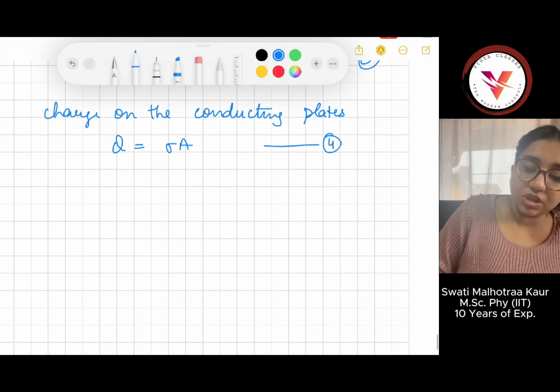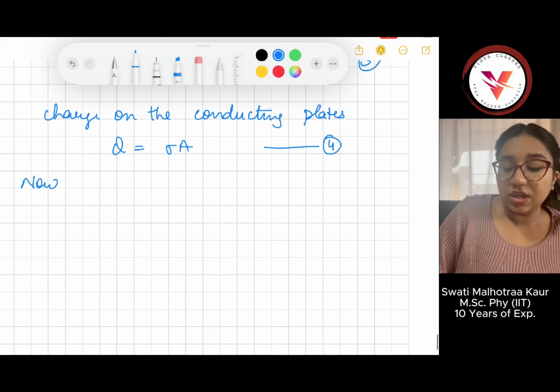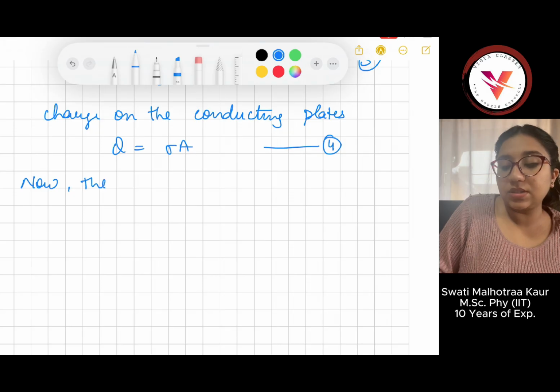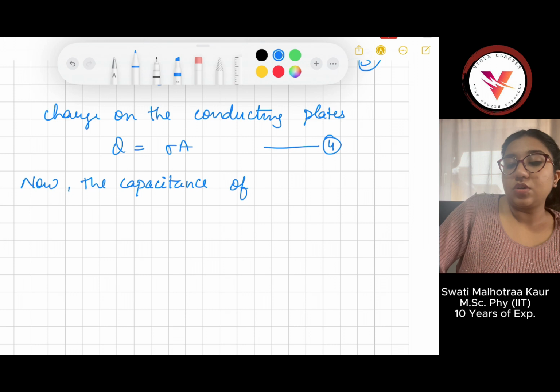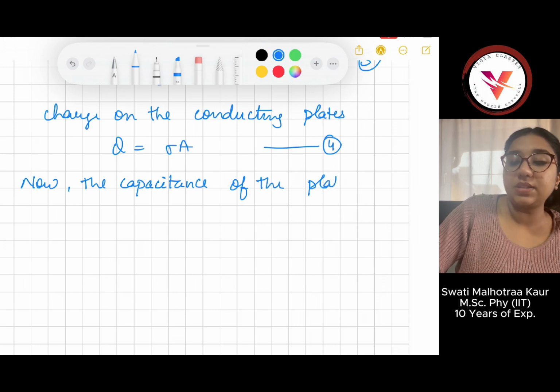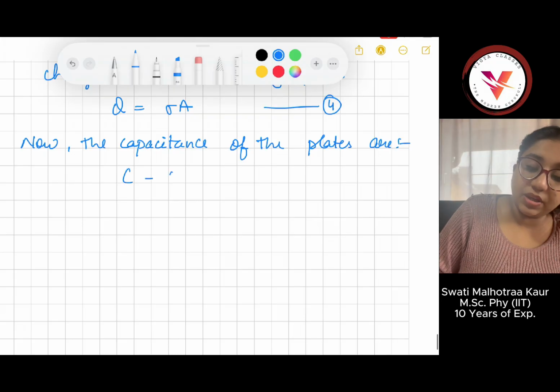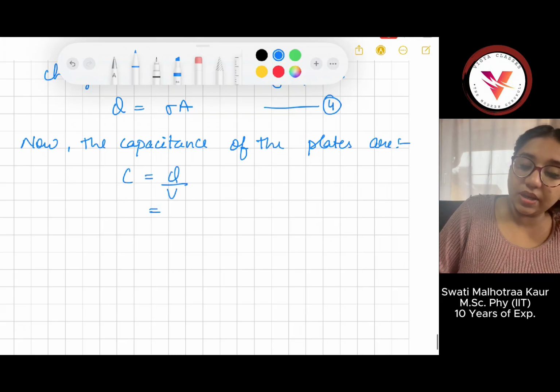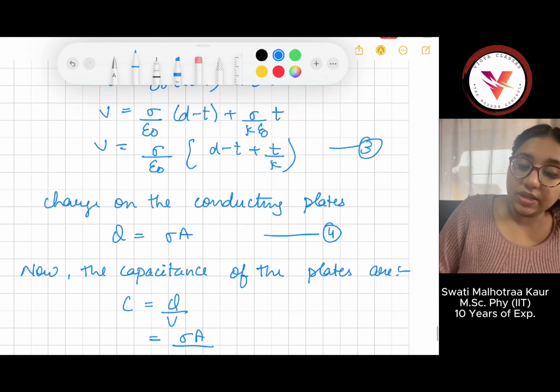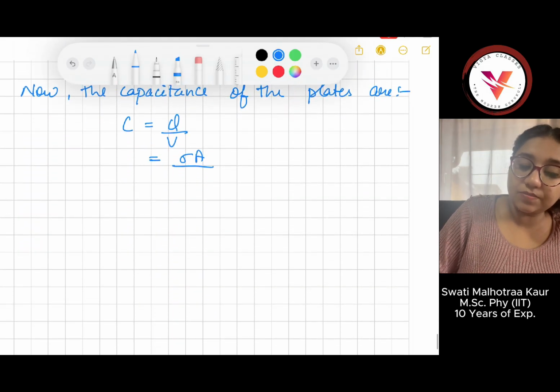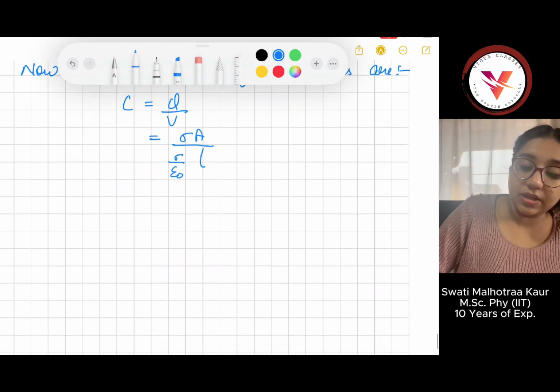Now the capacitance of the parallel plates with the dielectric slab: C is equal to Q by V. Q is sigma A, V is sigma by epsilon naught times D minus T plus T by kappa.